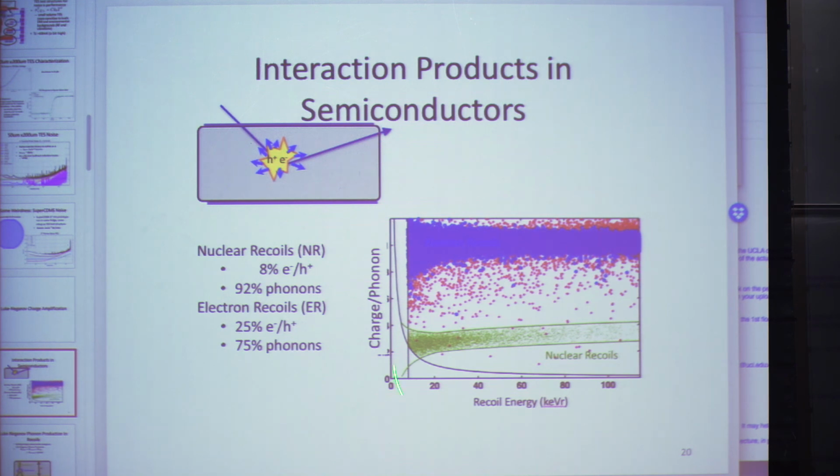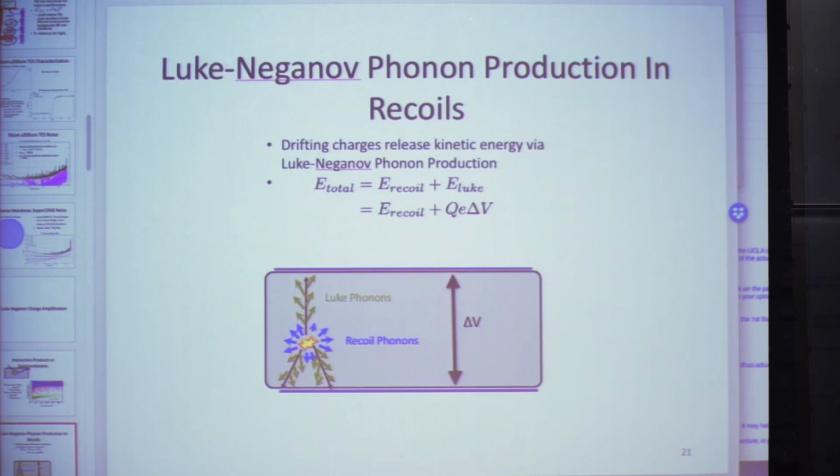And therefore, you can take a ratio of the amount of ionization you produce divided by the amount of phonon energy you produce to separate nuclear recoils and electron recoils. This is exactly similar to what LZ does, except they use scintillation and ionization. But the concept is largely the same.